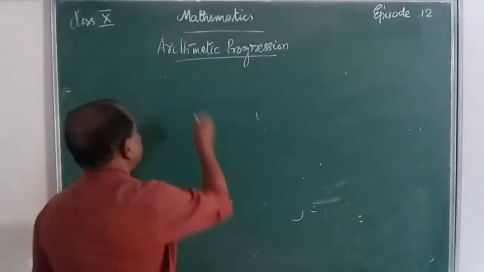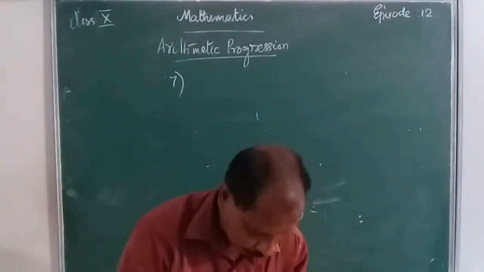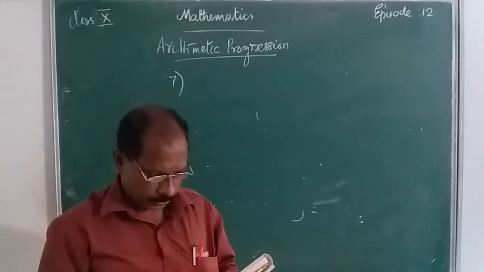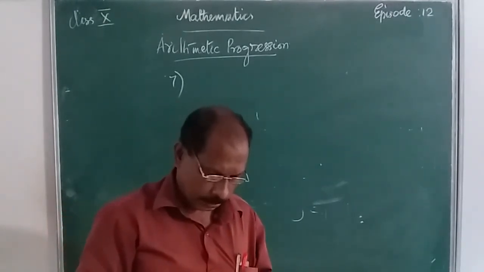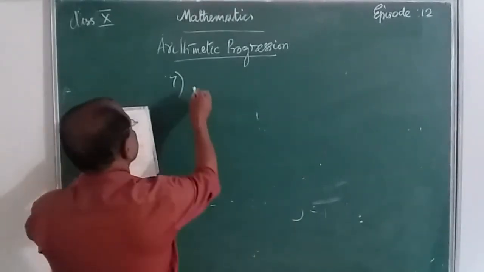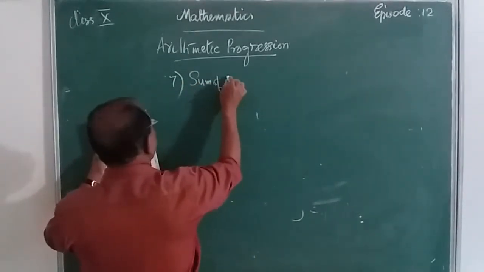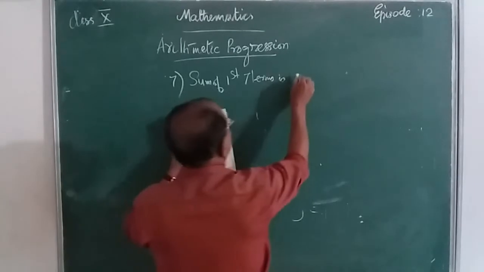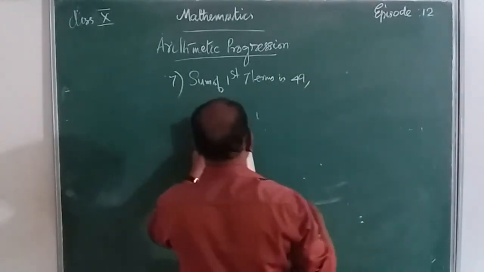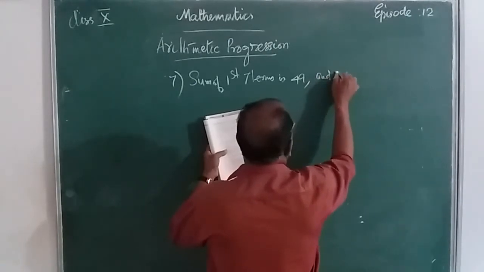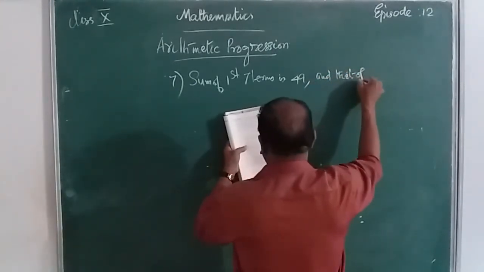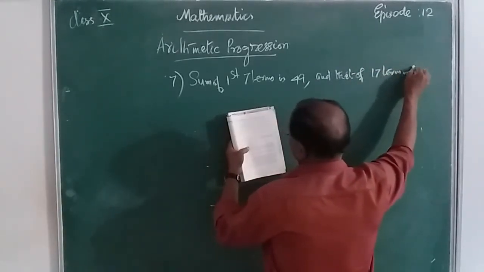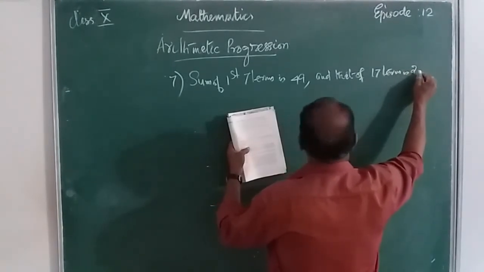Then question number 7. The sum of first 7 terms is 49 and that of first 17 terms is 289.